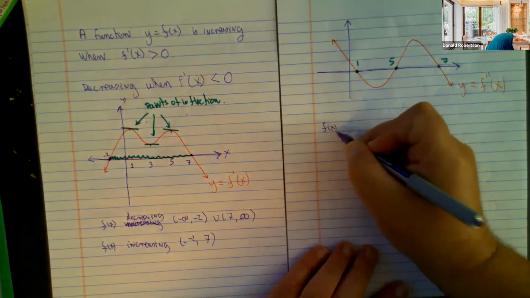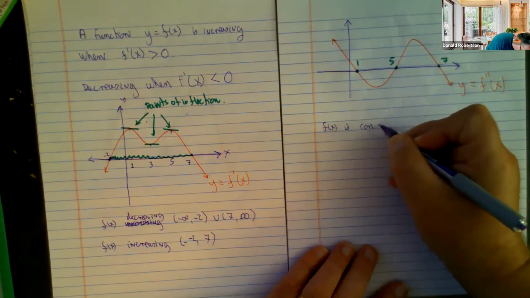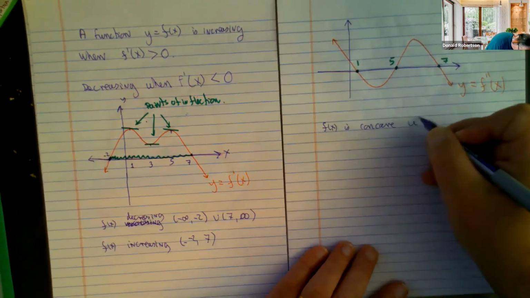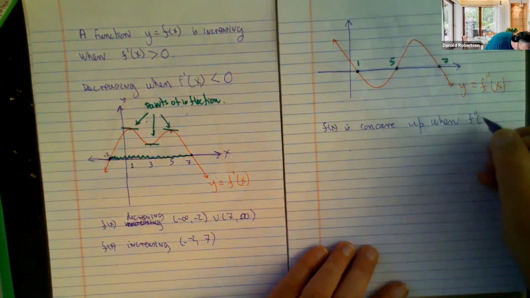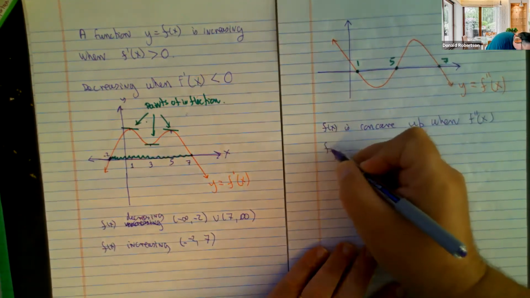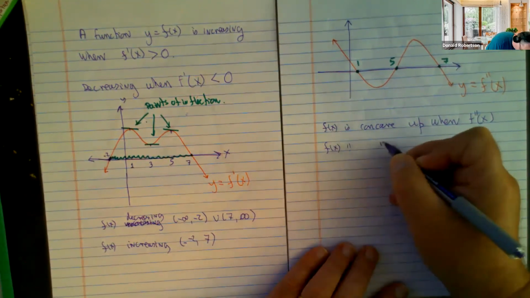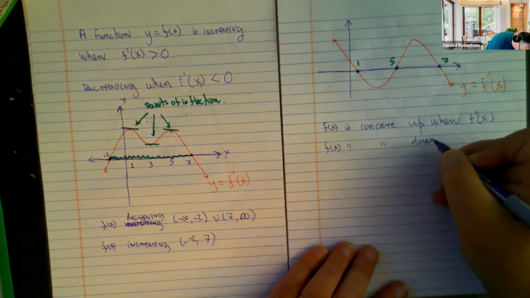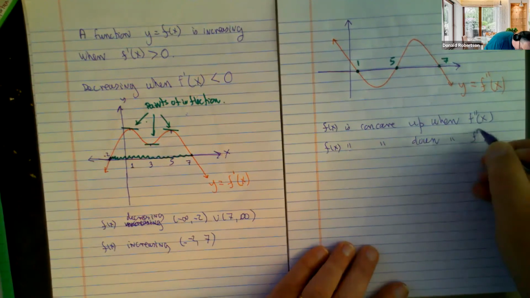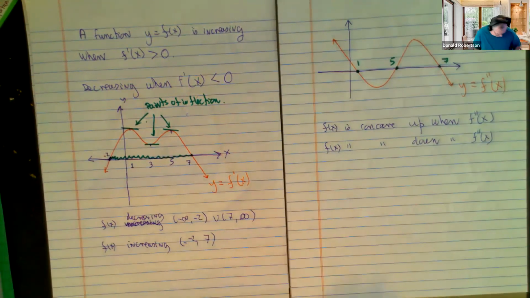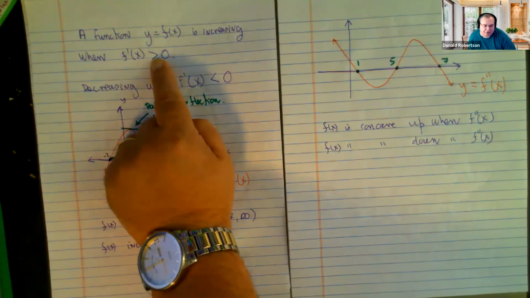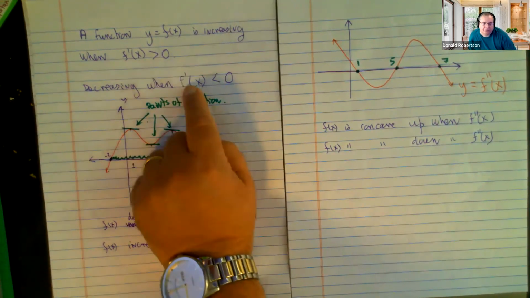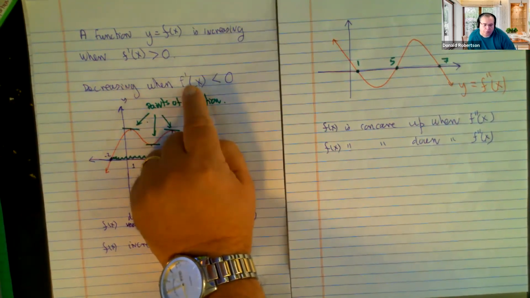A function is concave up when the second derivative is something, and the function is going to be concave down when the second derivative is equal to something. So increasing, the first derivative will be positive, decreasing, the first derivative will be negative.